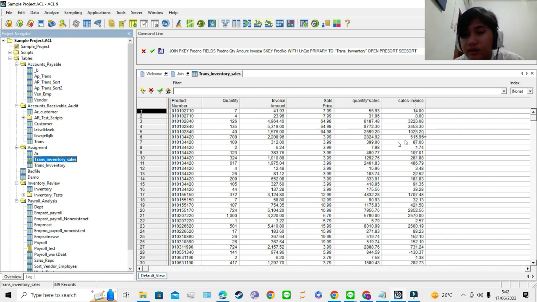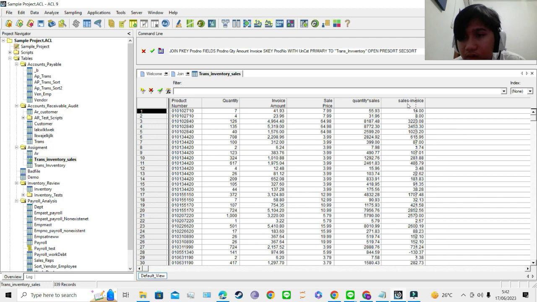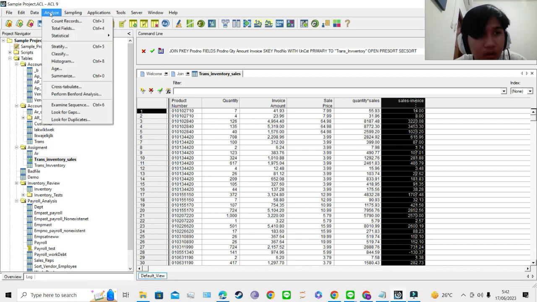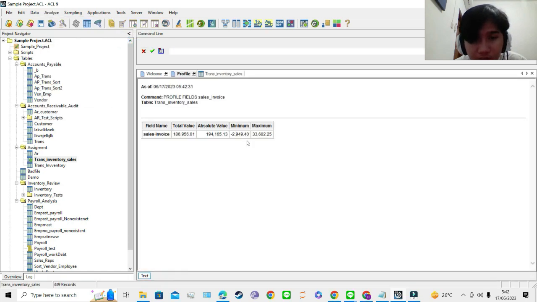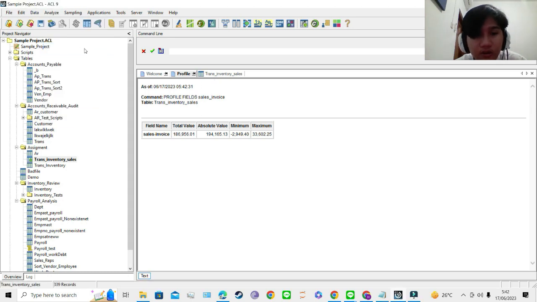However, as we can see in this data, there are differences between sales minus invoice, and if we profile this, there is too much difference between this data. Let's stratify it.